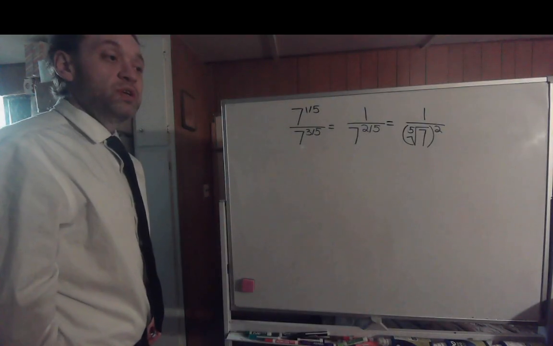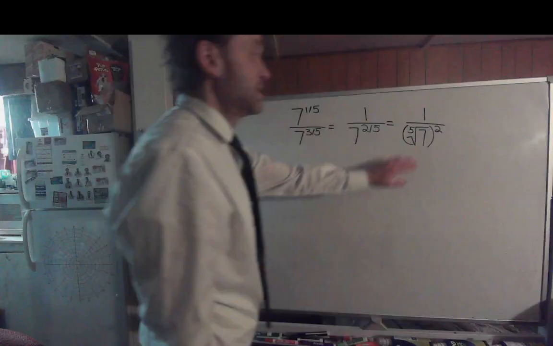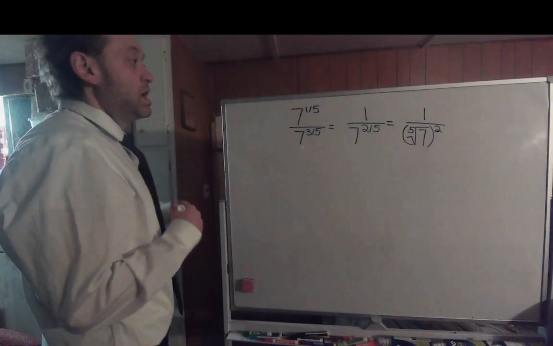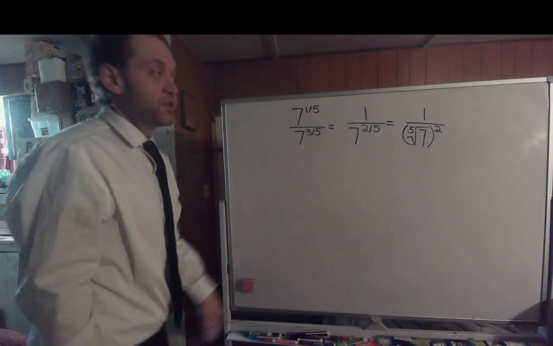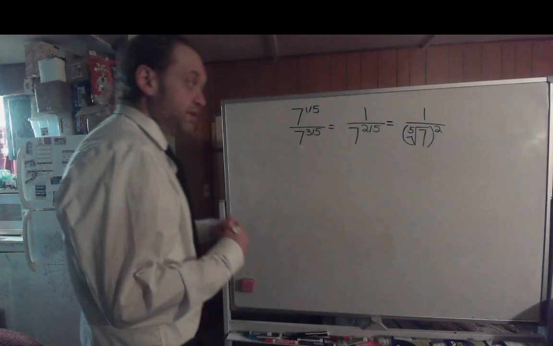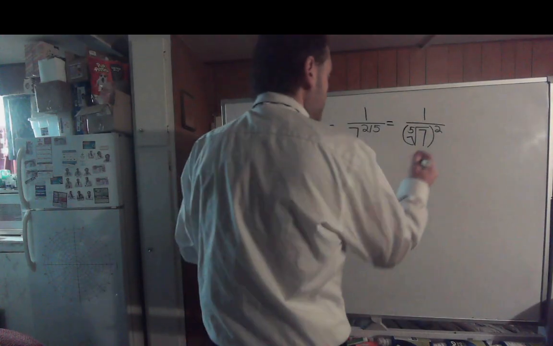So what are we going to do to rationalize the denominator? Well, if it were to the 2/5, you have to multiply everything by 7 to the 3/5, that's exactly what you're going to do.